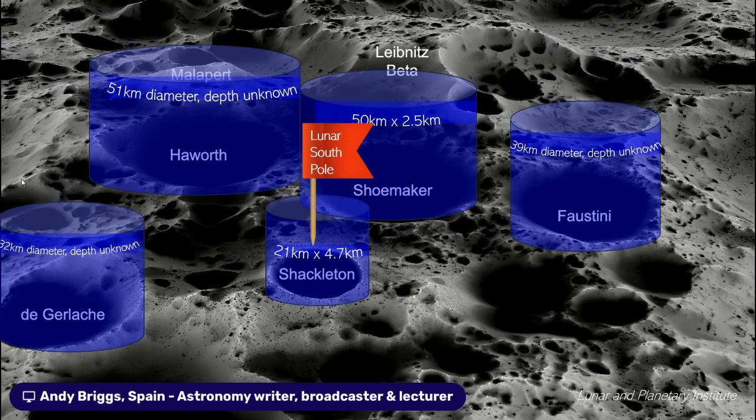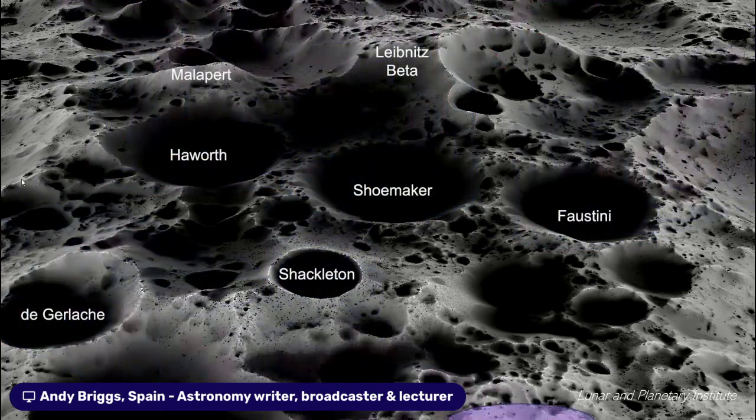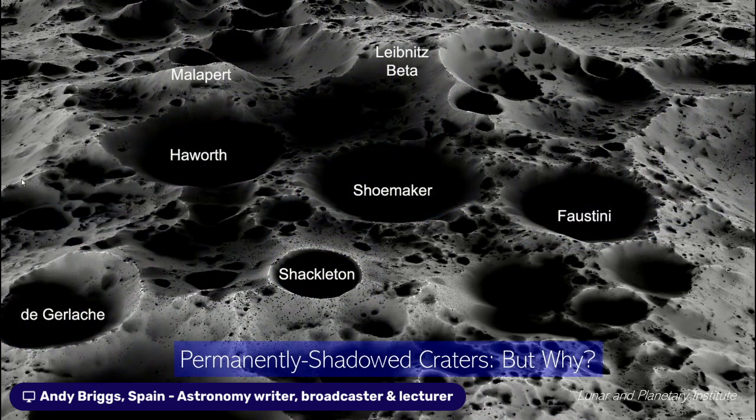So you've got some pretty wide craters here, and some very deep ones. And you can see the ridges here between the craters, making the whole landscape look really mountainous and big. Now, interestingly, a lot of these craters are in permanent shadow. The sunlight never penetrates them, never illuminates them.